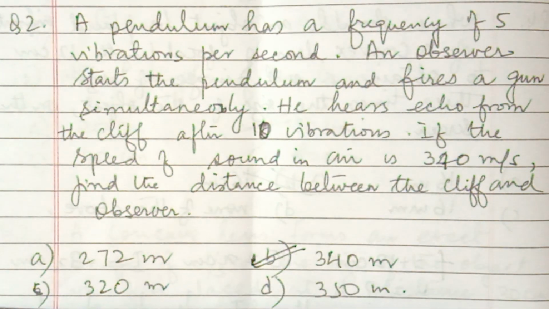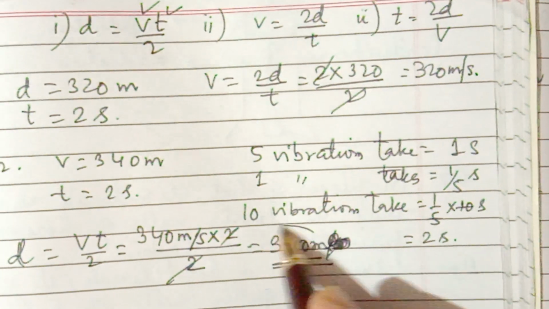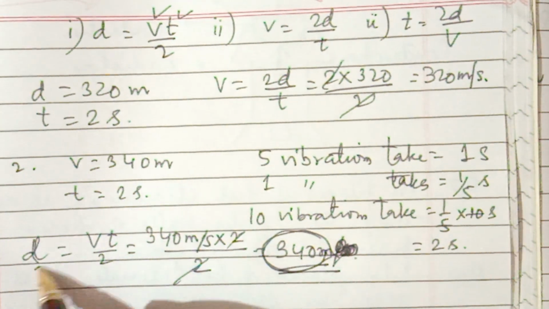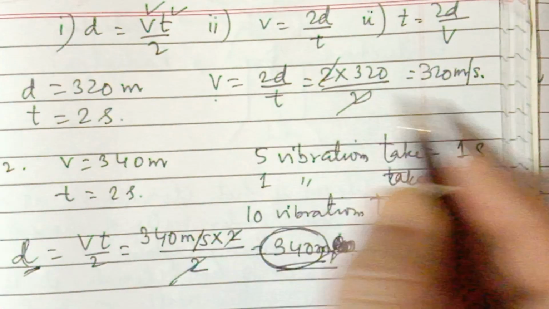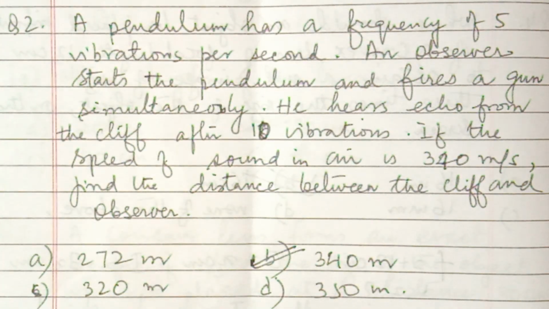So this is the answer. Here 340 meter, not meter per second. This is your finding distance. When you find velocity, then it is meter per second. Okay, 340 meter is the answer. So this is the option.